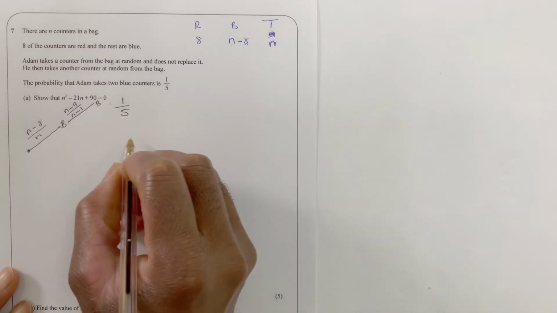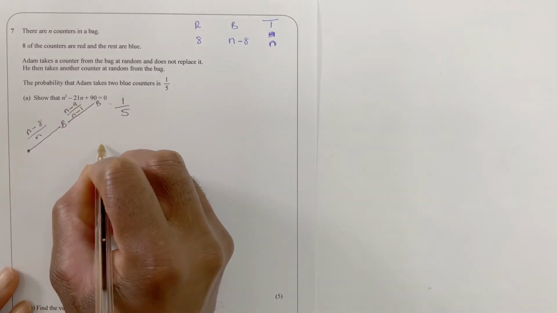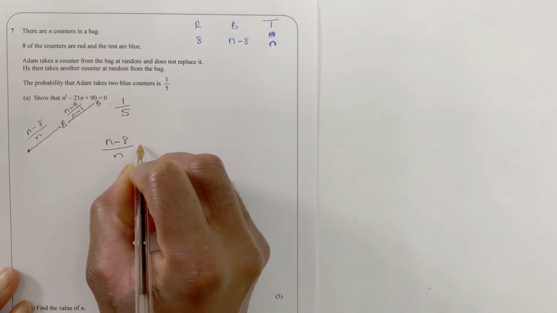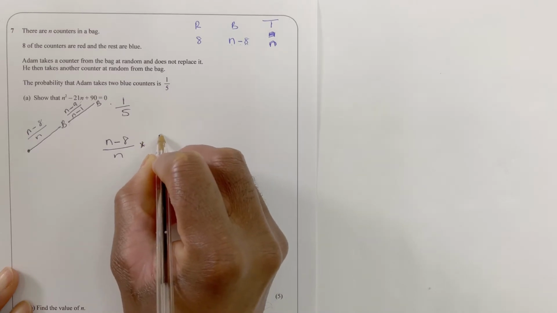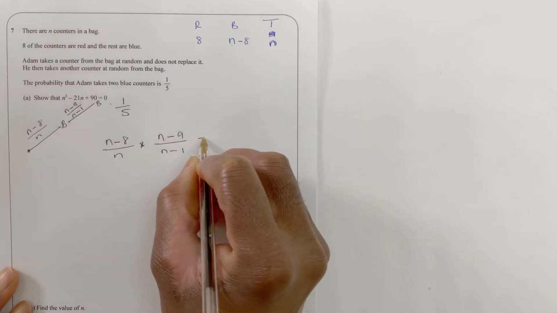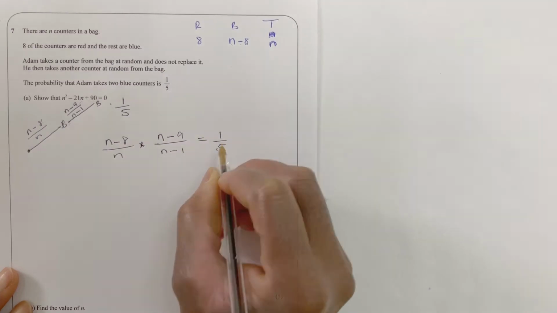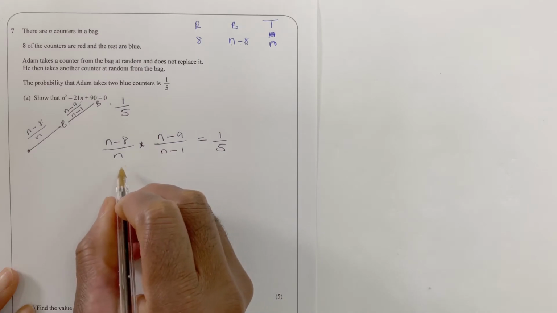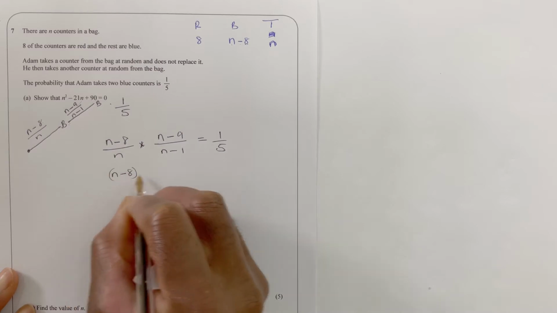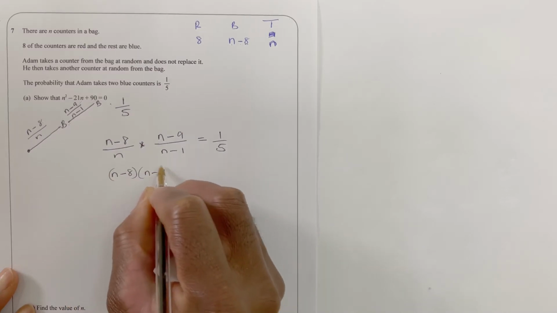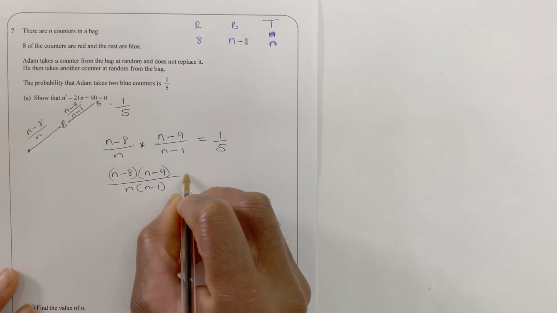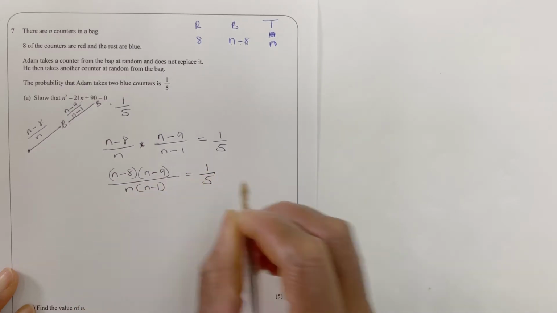So now I'm using that. It's going to be n minus 8 over n times n minus 9 over n minus 1, equal to 1/5. So what we now need to do is you're going to have n minus 8 in brackets, n minus 9, over n in brackets, n minus 1, equals 1/5.